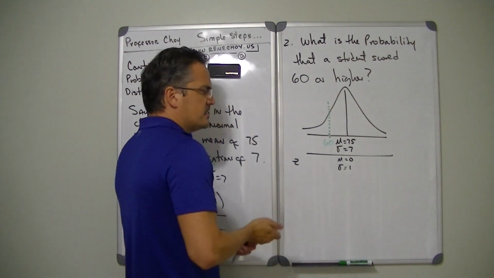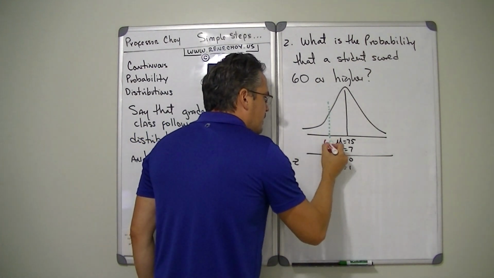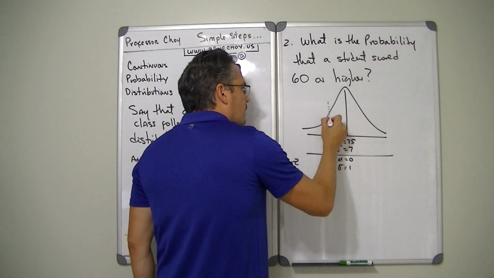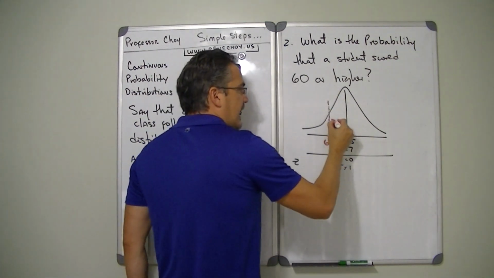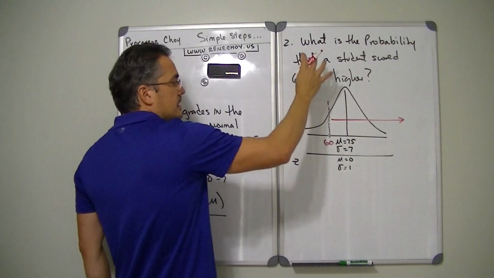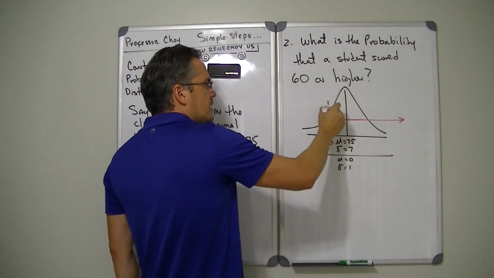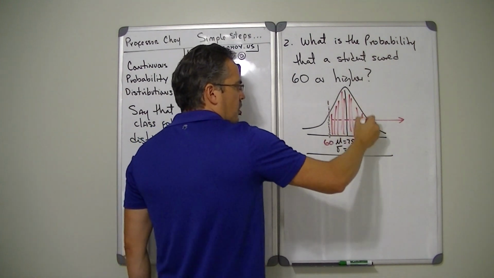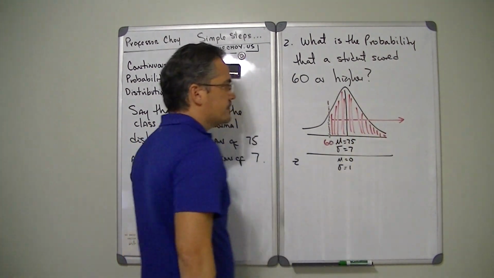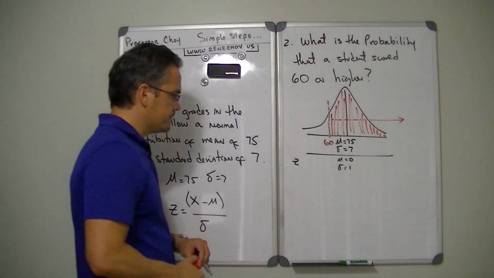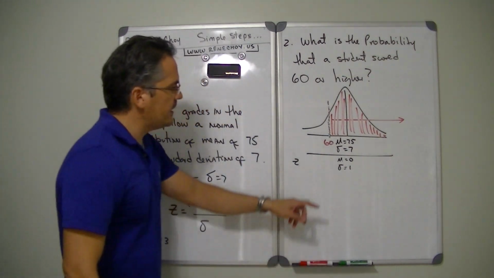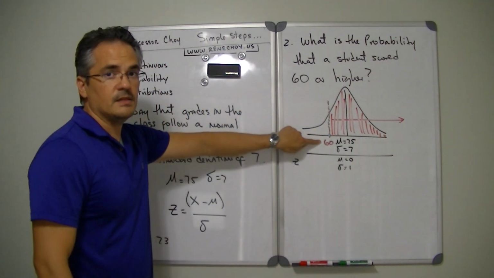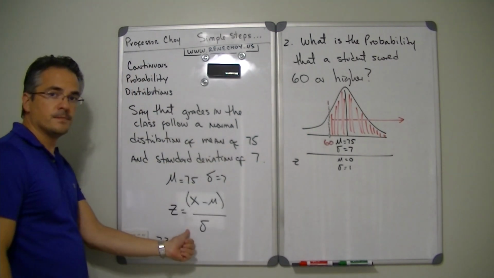By the way, I just noticed that green is not a very good color for this. So, what is higher than that? What is the probability that somebody scores 60 or higher? So, the question is asking us the probability of all of that plus all of that all the way to the end of the curve. Okay. Now, in order to find the z-value of 60, I got to follow this formula.